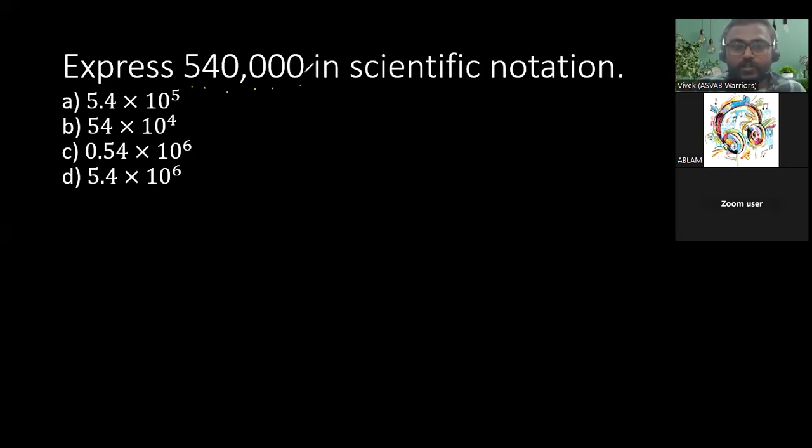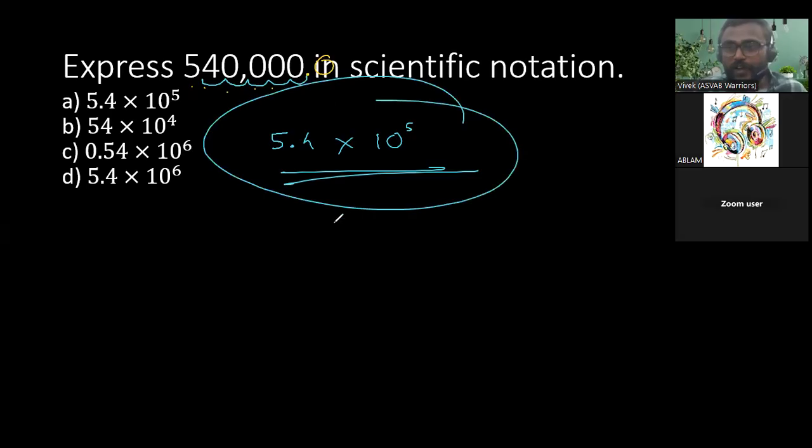Whenever there is no decimal point, just put a decimal point at the end. Because this number is greater than 1, let's move the decimal. 1, 2, 3, 4, 5. So it becomes 5.4 times 10 to the power 5. Because it is more than 1, take the power as positive.